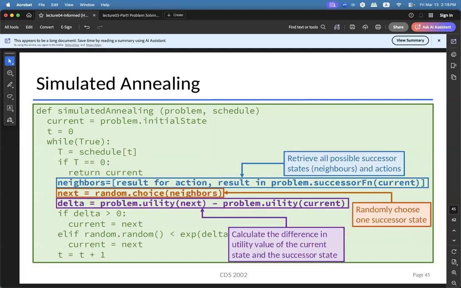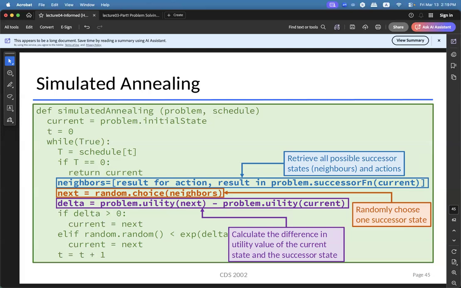The next idea is that we randomly choose a neighbor, a next state available for exploration. After we get the neighbor, we calculate the utility value of the neighbor versus our current state, and then we get the delta.